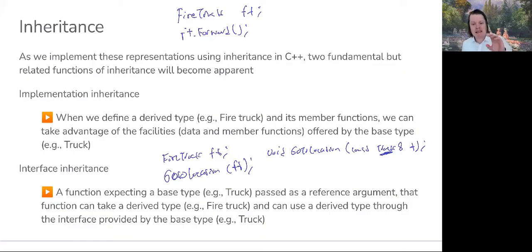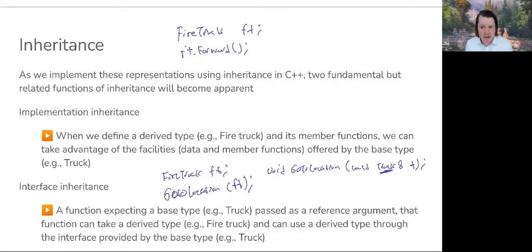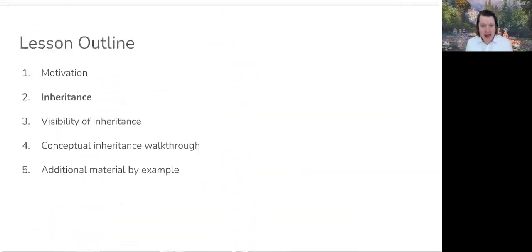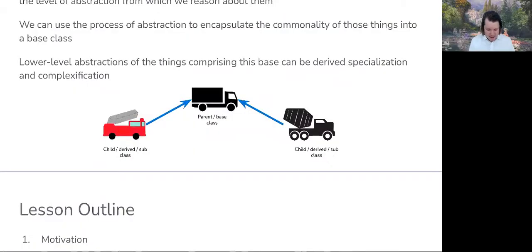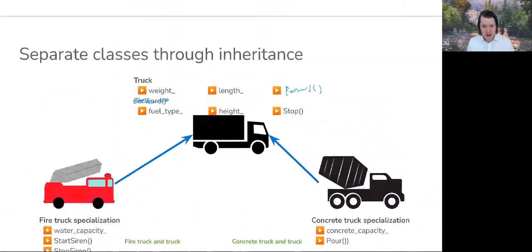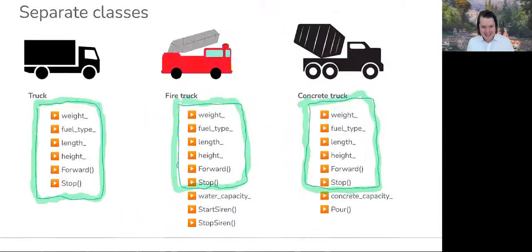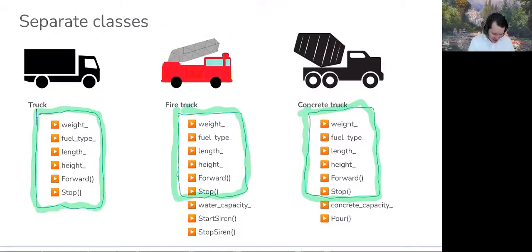What that means is whether it's a fire truck or a concrete truck passed to this go to location function, the functionality that we will have available within that function's definition is going to be the complete interface of the base class. So any of these functionalities, this common functionality, could be invoked on that reference argument T.